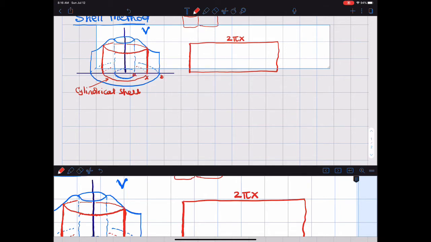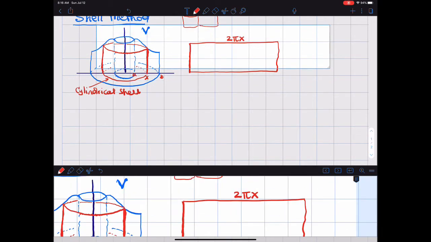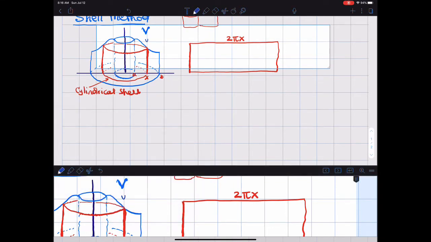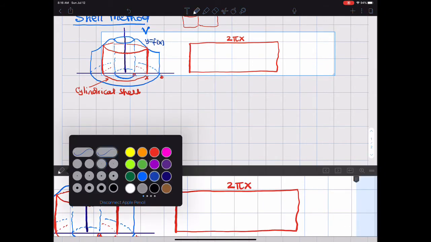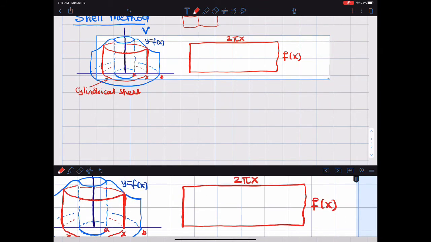So its length is the circumference, and its height is just your function. And what is your function? Your function is y equals f of x. So its height is f of x. So what do we know?